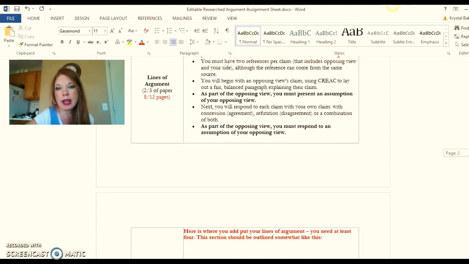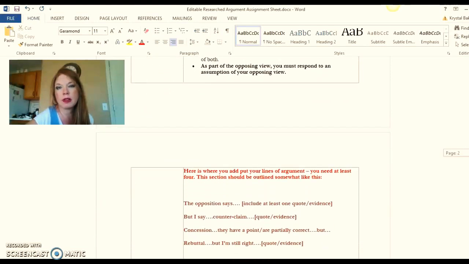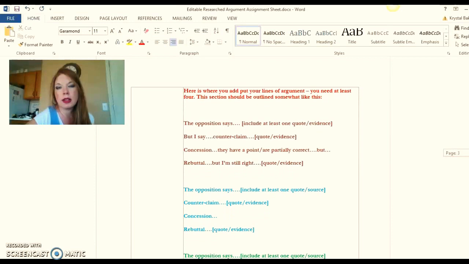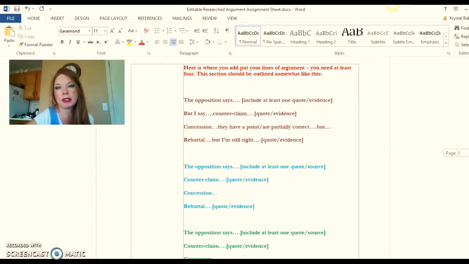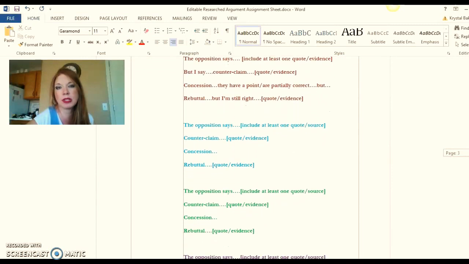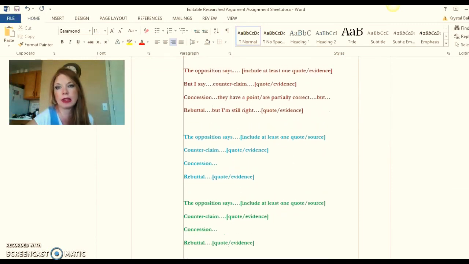I have broken down the lines of argument section into what I think might be a little bit easier to understand. So each of your sections, you've been told to have at least 4 lines of argument. Each of your sections here, you're going to start with a counter argument provided by the opposition.